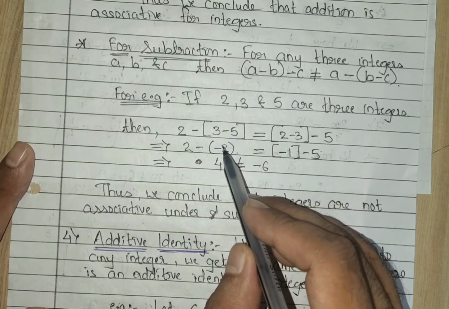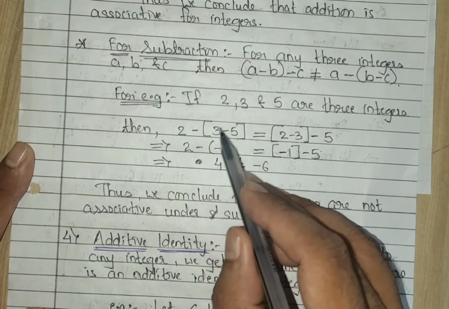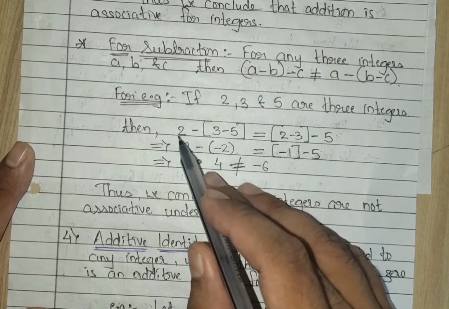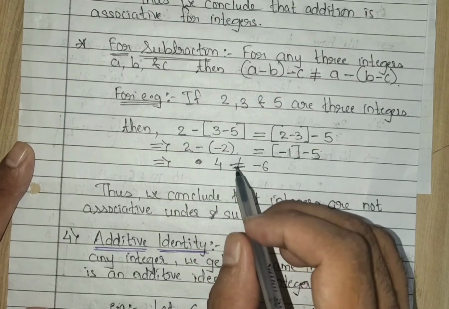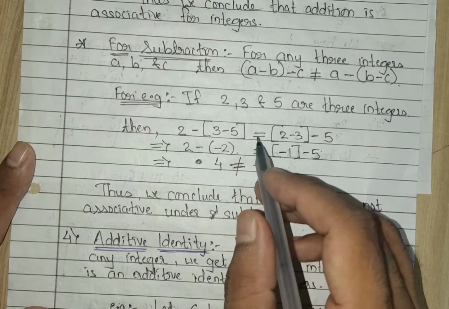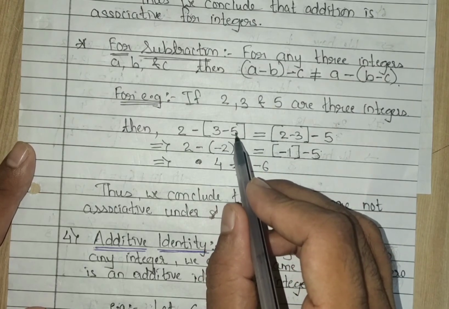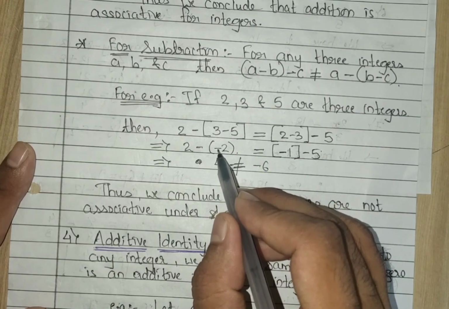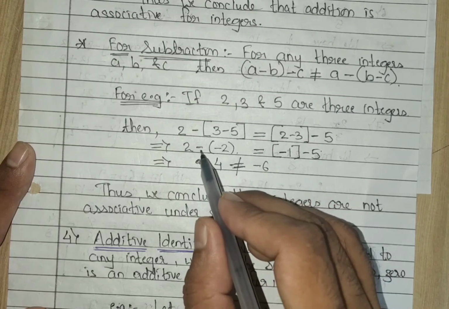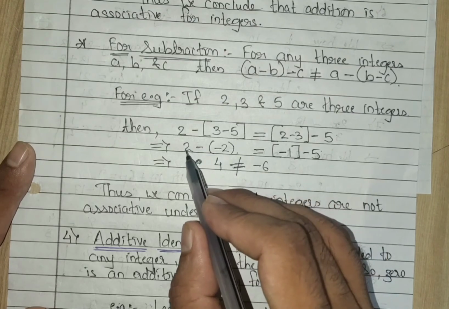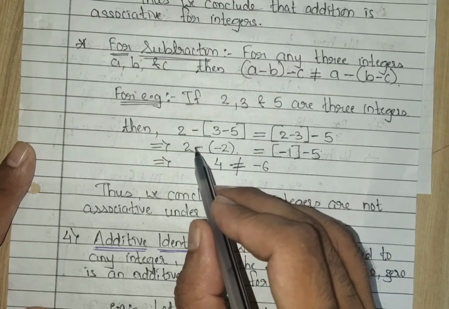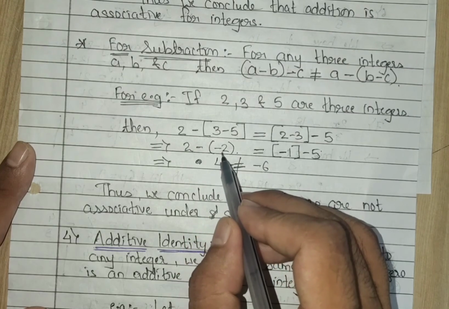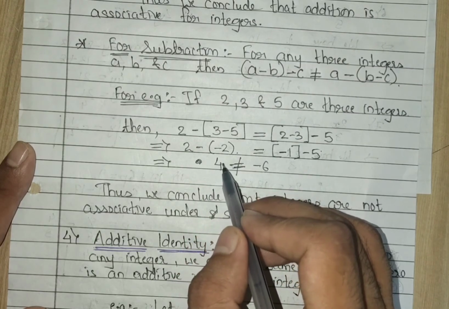The result of this group I will subtract from the first one and see what is the answer. So 3 minus 5, the result is minus 2. Now I am subtracting this minus 2 from 2. I will get 2 plus 2, 4.